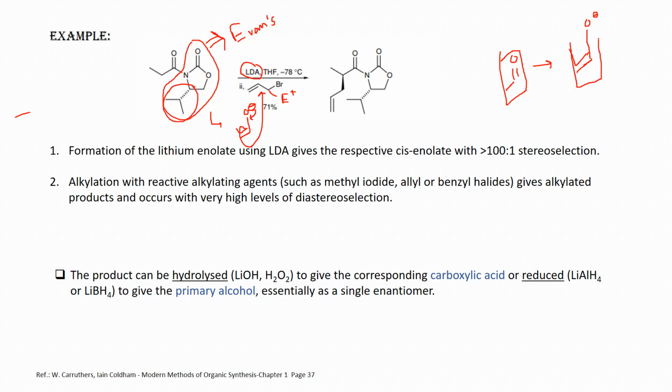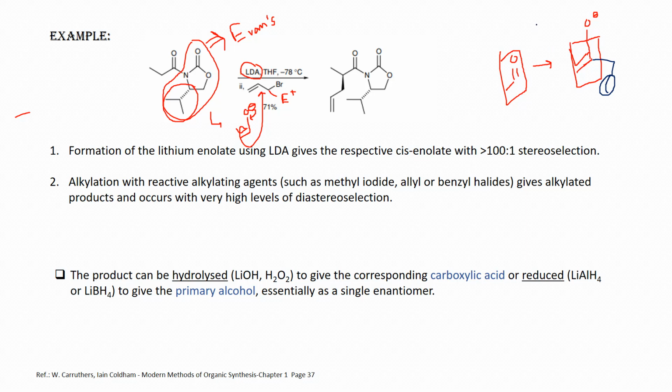So this enolate is also on the plane. Now this isopropyl group is below the plane, so the below part of this paper is occupied or hindered by this isopropyl group.